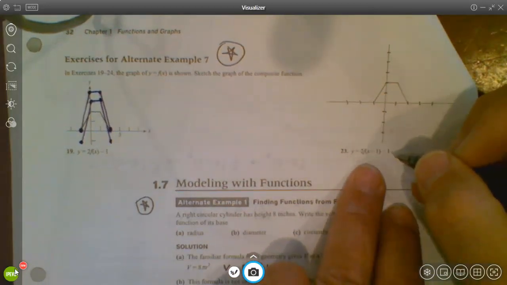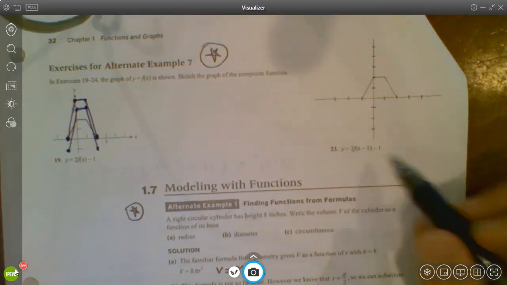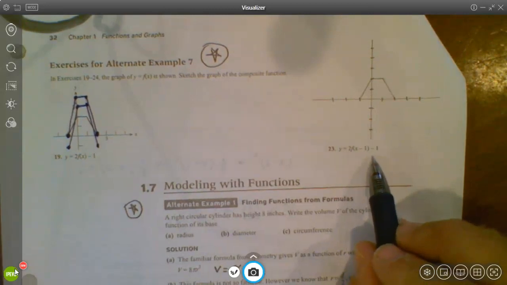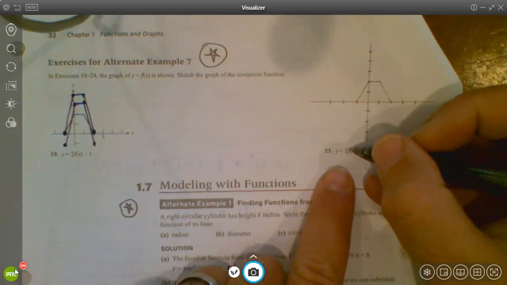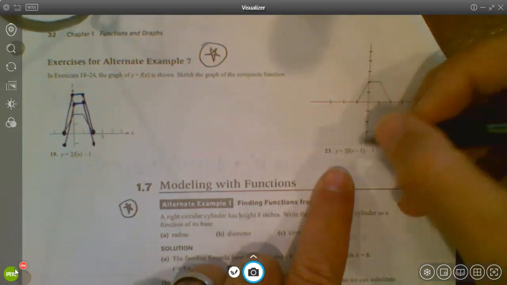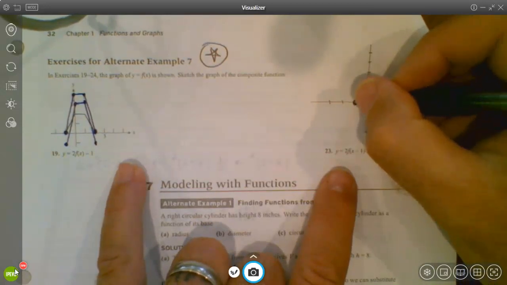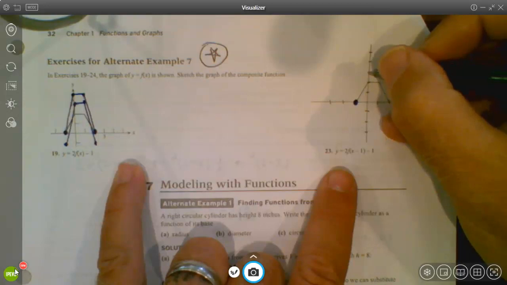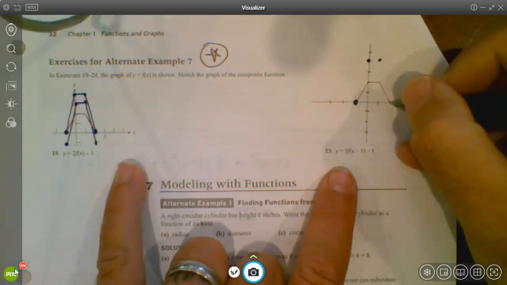So, last one here, you have three things taking place. You have your vertical stretch, a horizontal shift, and also a vertical shift. So again, in our PCH 15 process, we're going to do the stretch first. So multiply your y coordinates by 2. Some points stay, and the others you double.